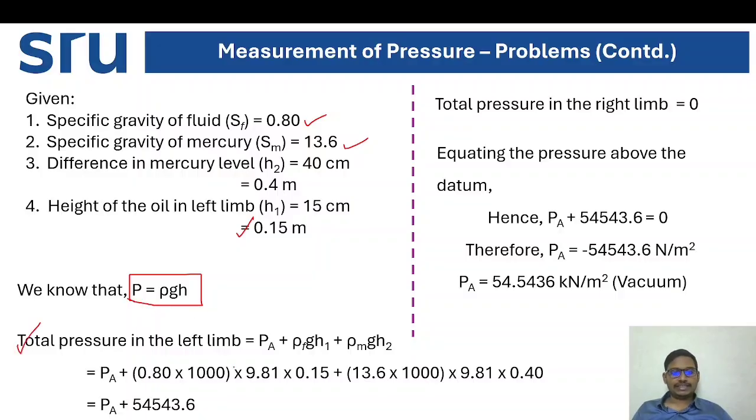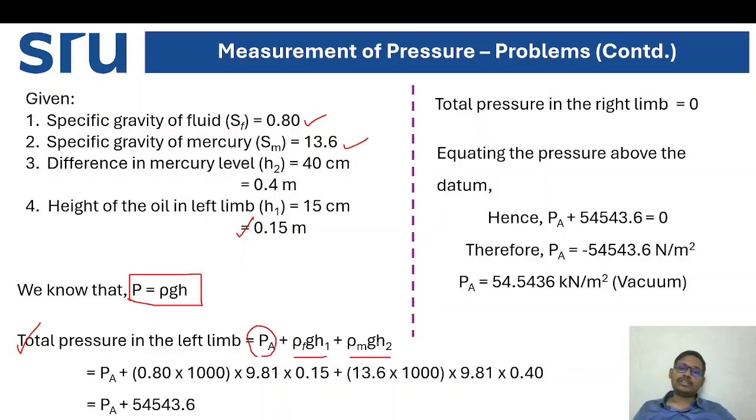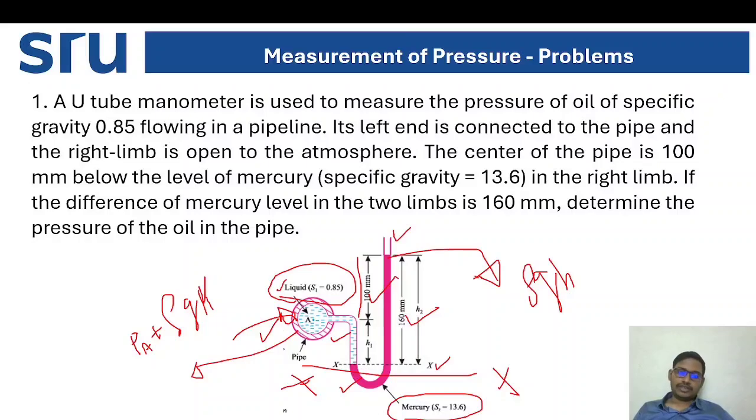Now the total pressure in the left limb is equal to PA plus rho GH in terms of the fluid and plus mercury. This is the left limb, so this much area, 40 centimeters, it covers, so you have to include both. This is the axis; after this nothing is there. Above the axis is the right limb. So everything is covered with respect to the left limb. If you are telling this is a neutral part, assume this is a neutral part.